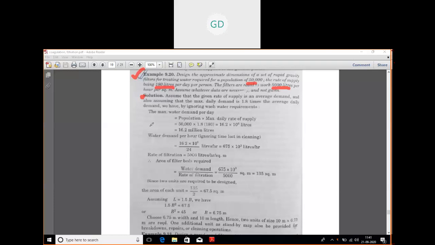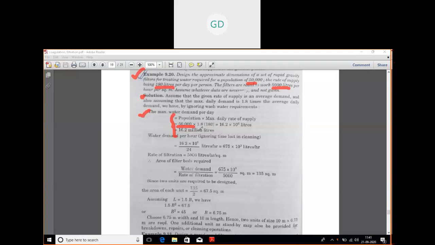So first we need to find out the maximum water demand. Actually, it is done directly, in one formula itself. What do we do? Population multiplied by the per capita demand.